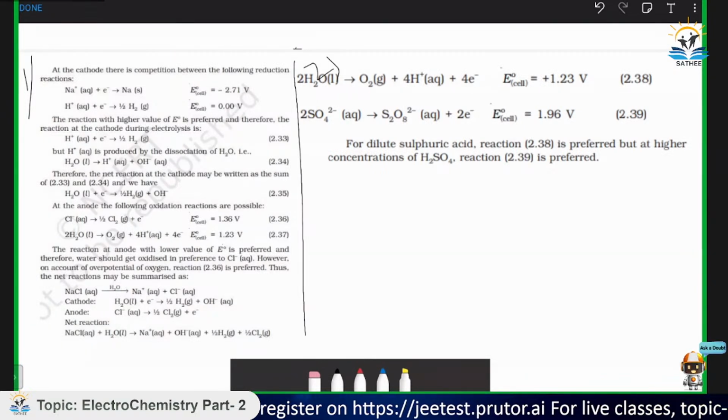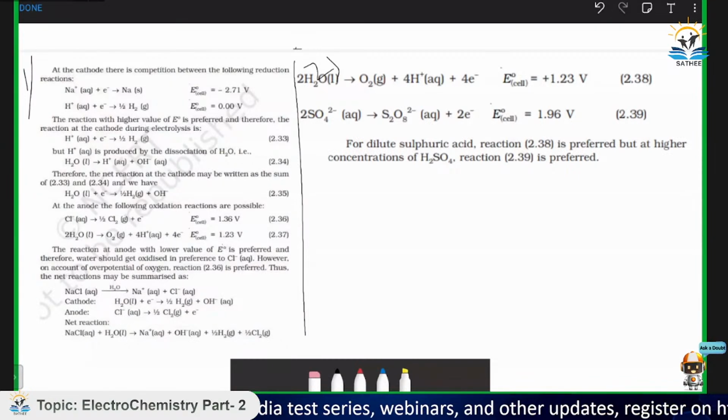SO4 minus 2 should turn into some O2 or something, I don't remember. Not the below reaction. So basically SO4 minus 2 is hard to electrolyze. So OH minus will get electrolyzed and first reaction will happen at dilute concentrations.